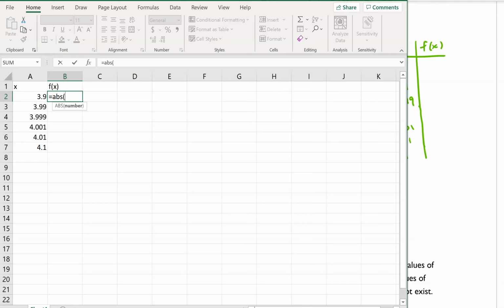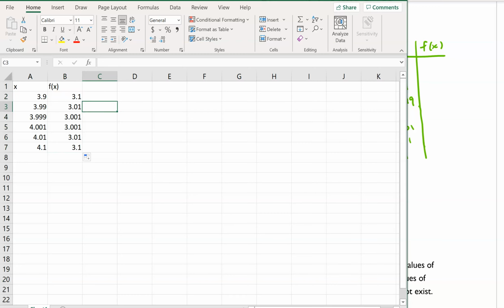So that returns the absolute value of, and then I'm going to go ahead and click this cell and then do minus 4, close parentheses, plus 3. And that's just going to go ahead and calculate the output value that we are looking for. So I'm going to go ahead and copy this formula down, and it'll give me these values.